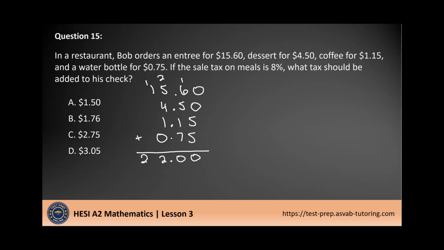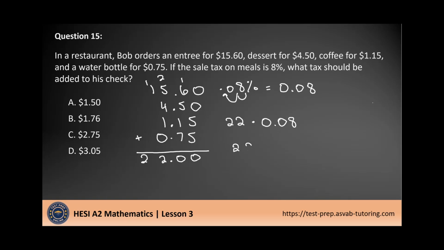The sales tax was 8%. What is 8% as a decimal? Move this over twice. And 8% equals 0.08. Now we're going to do $22 times 0.08. Ignore the zeros, ignore the decimal.